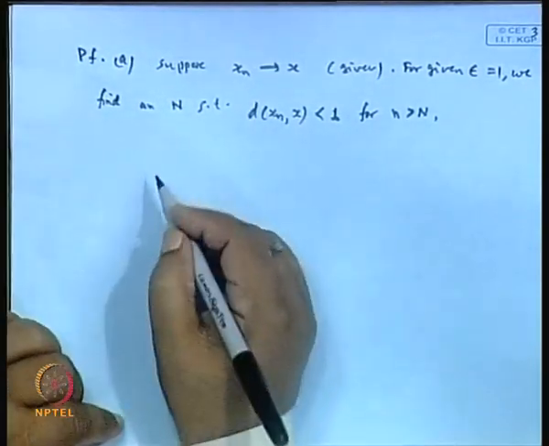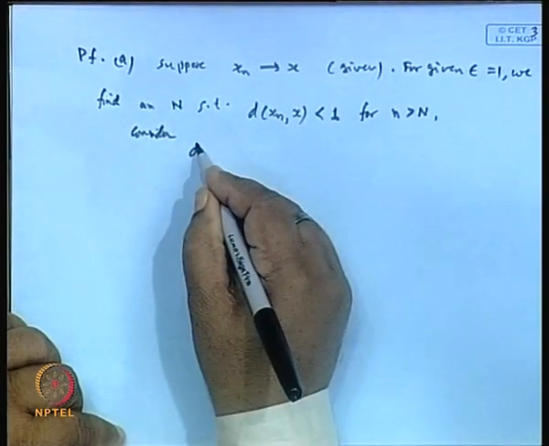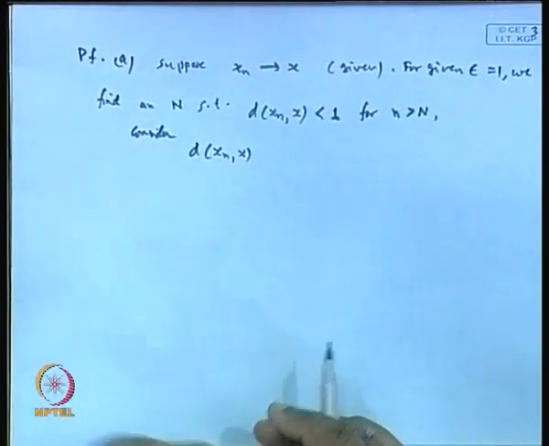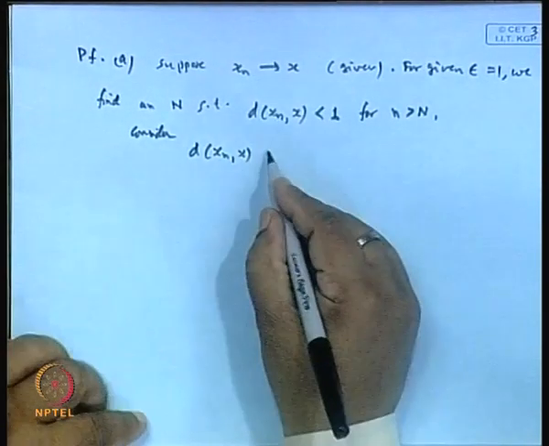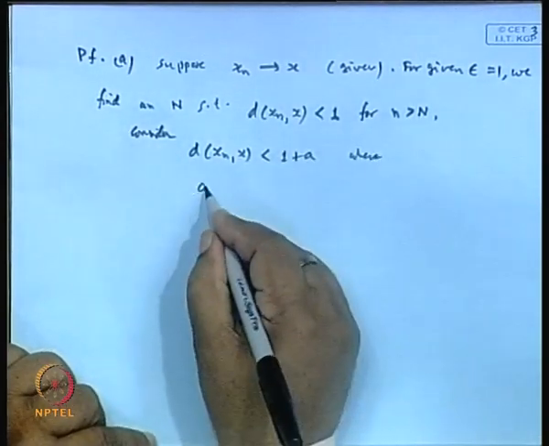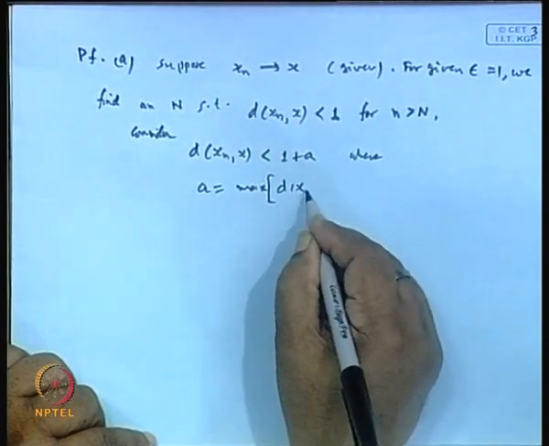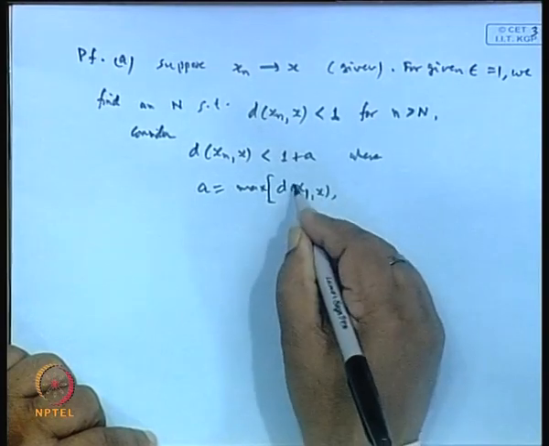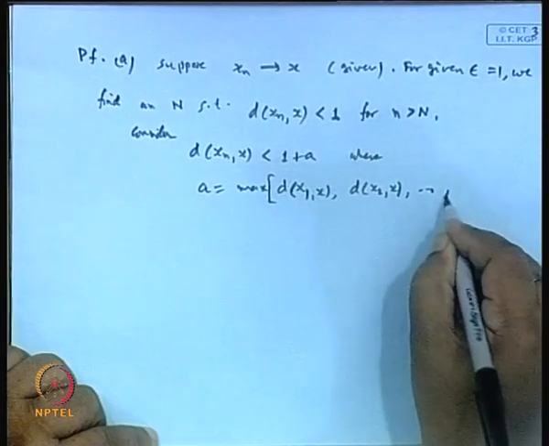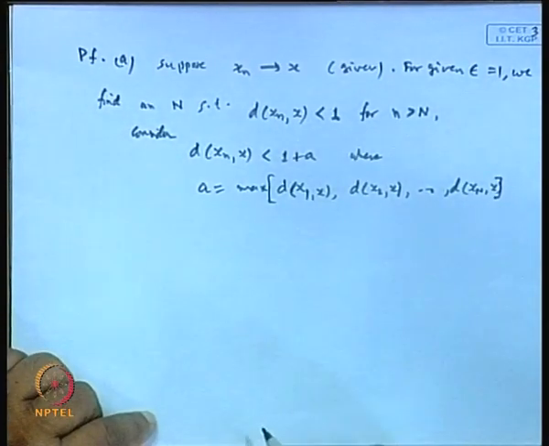So, let us consider d(x_n, x). We claim that this is less than 1 plus a, where a stands for the maximum of d(x_1, x), d(x_2, x), up to d(x_N, x).